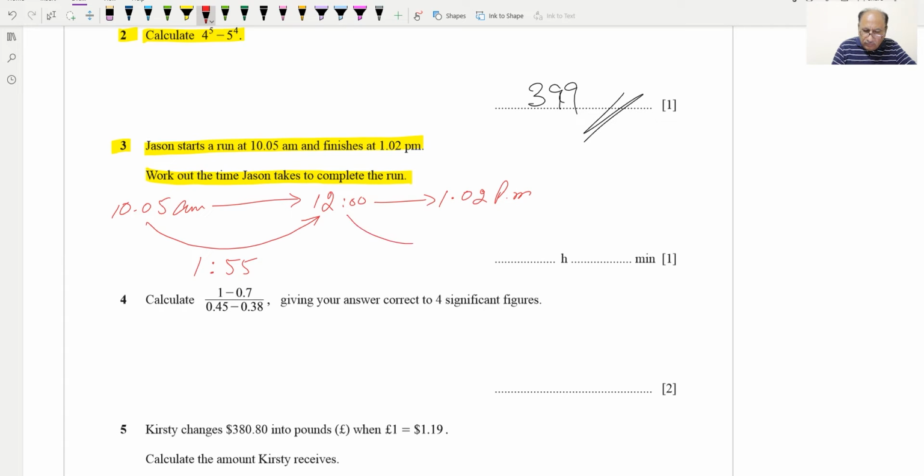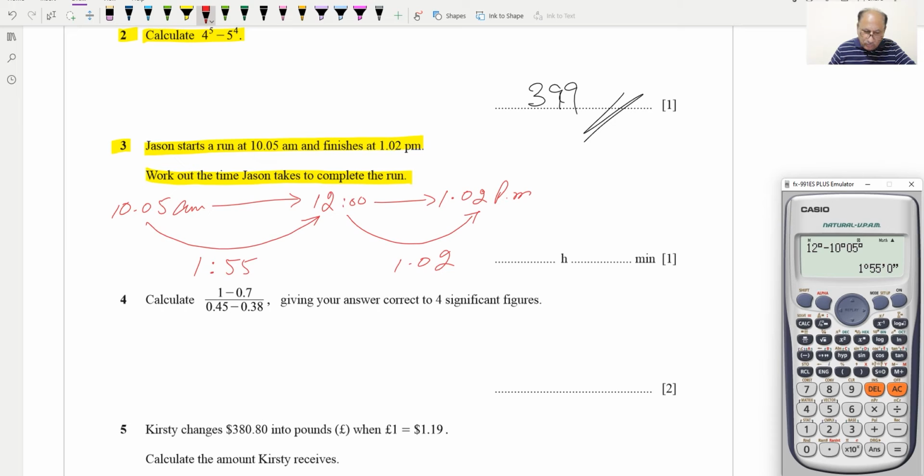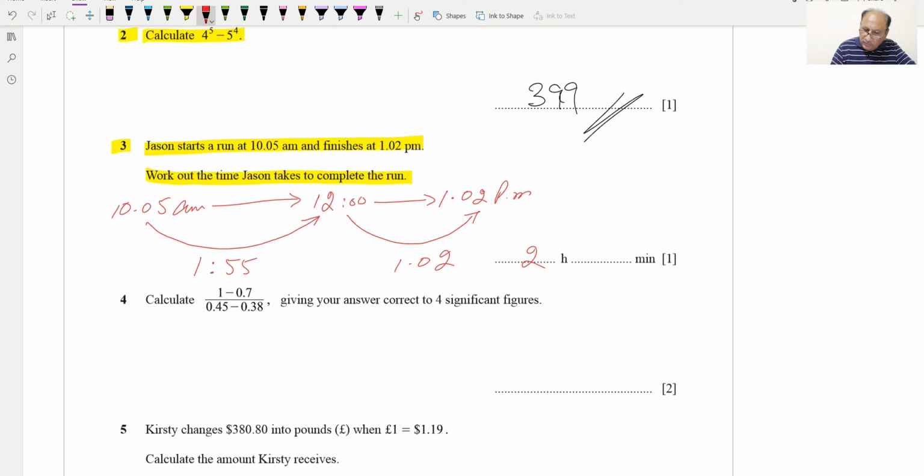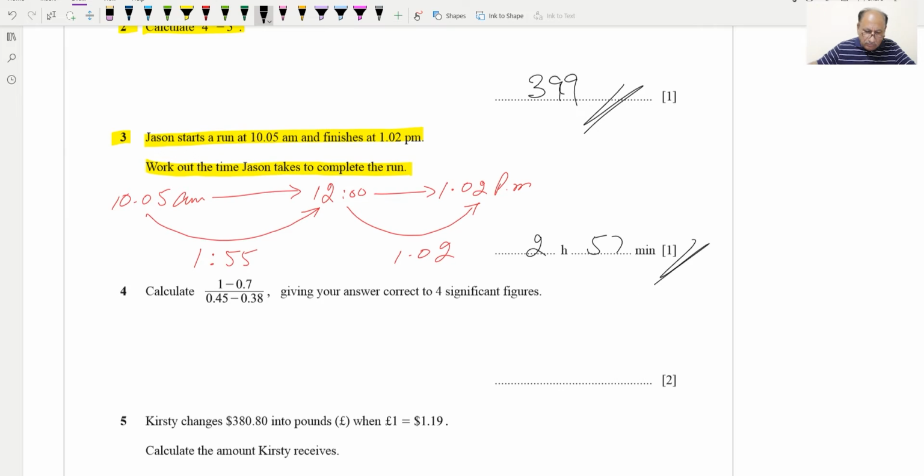The interval from 12 to 1:02 p.m. will be 1 hour and 02 minutes, and we can add that: plus 1 hour and 02 minutes will give us 2 hours and 57 minutes. So 2 hours and 57 minutes will be our final answer for this 1 mark question.